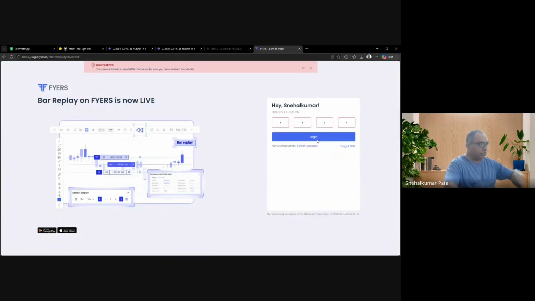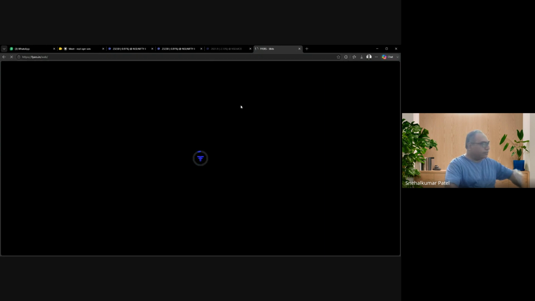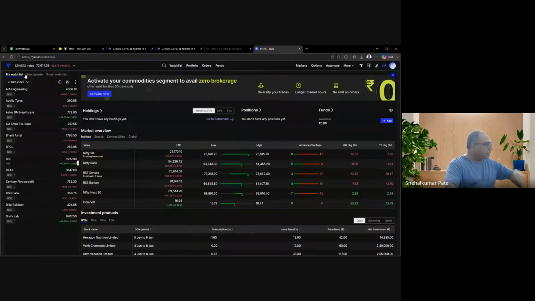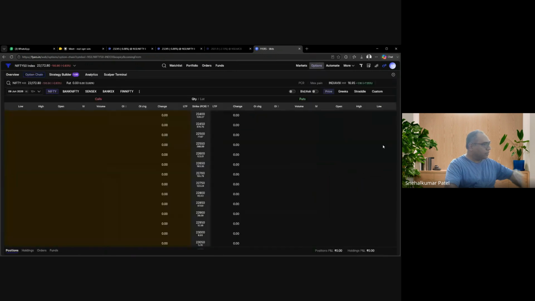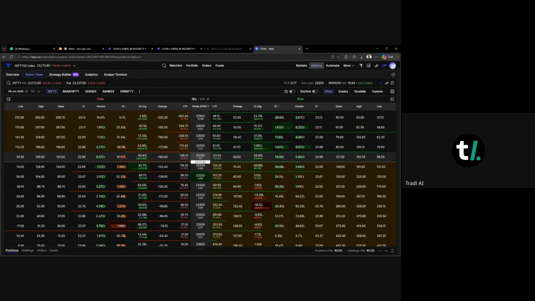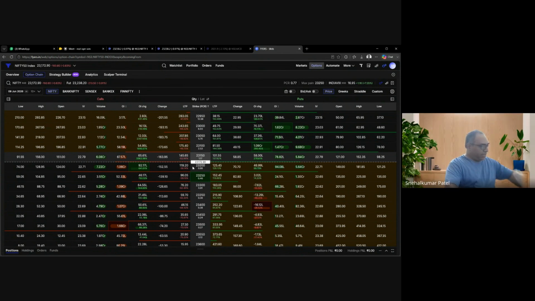So let's go here. Okay, you're able to see the Fyers screen, right? Yes. Okay, so currently the ATM is 23,150.